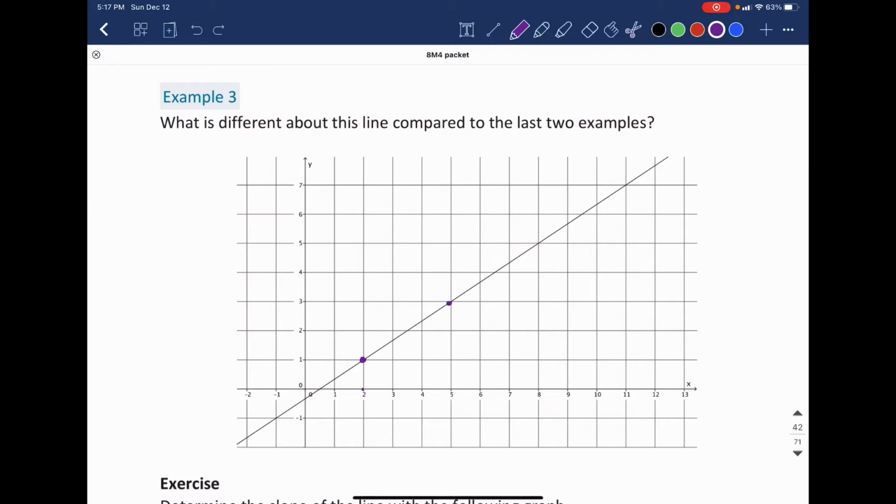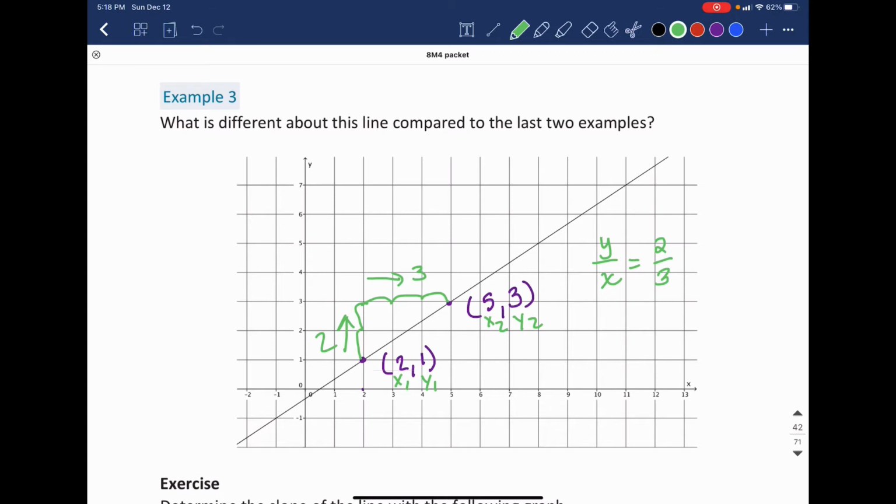So in this example, we have (2, 1) and (5, 3) as my points. So to go from x1, y1 to x2, y2, I'm going to have to go up 2 to the right 3. So that means my slope, which is y over x, is 2 over 3.